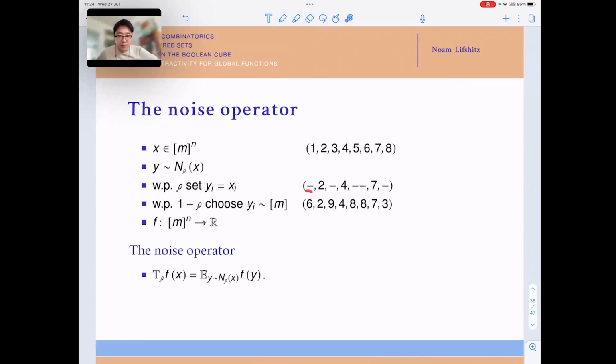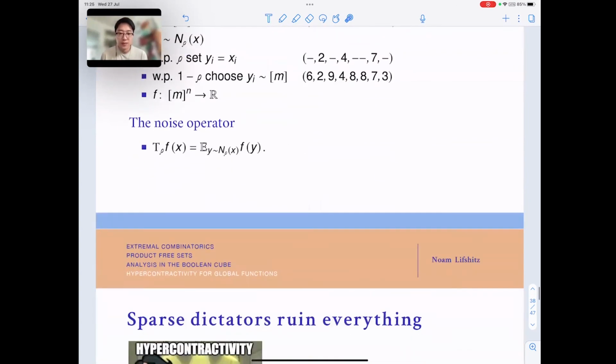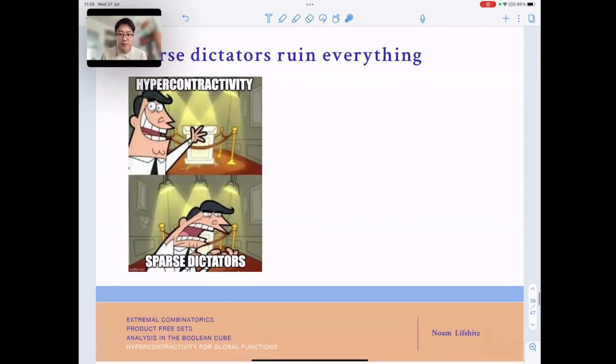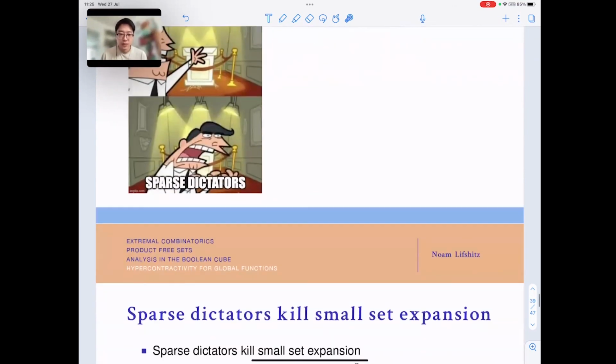With some probability we forget stuff, with some probability we remember it, and those that we forget we resample, and then we have an analogous noise operator. But it turns out that the sparse dictators ruin everything. Once you have dictators that are small, you have no small set expansion.